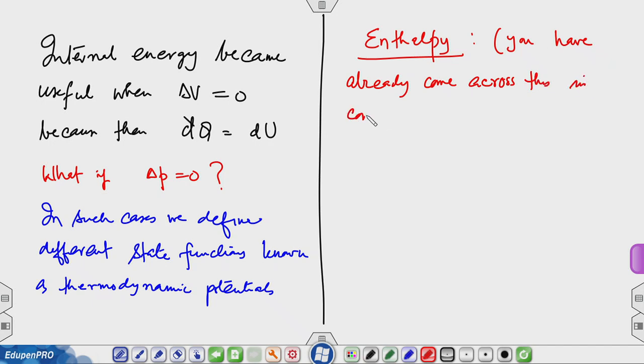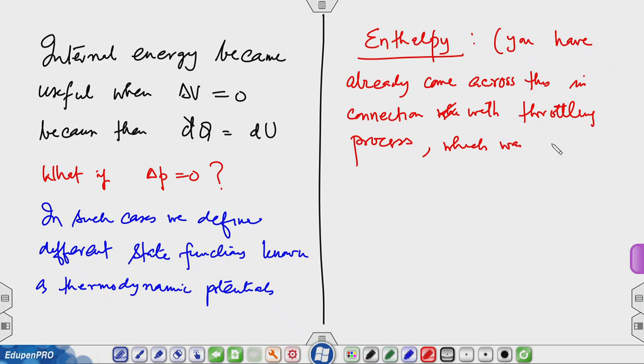This was in connection with the throttling process, which was isenthalpic. So, I would like you to go back and see this. Enthalpy is defined as H equals U plus PV.